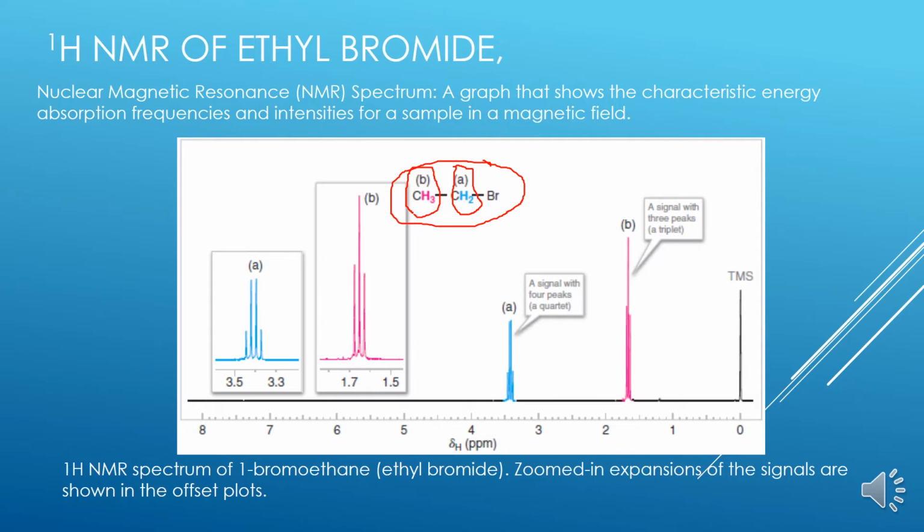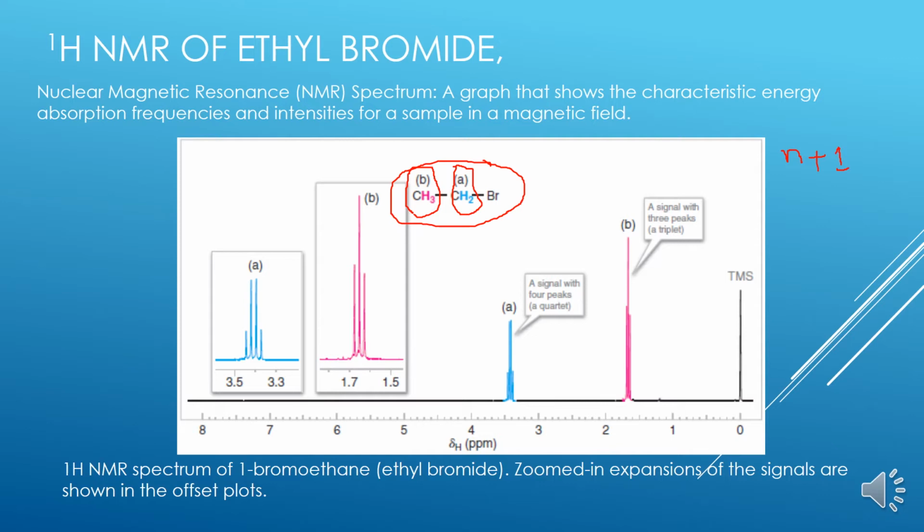By applying the n plus 1 rule, we will get the number of splittings for the methylene as well as the methyl protons. Suppose methylene protons are coupled with methyl protons.